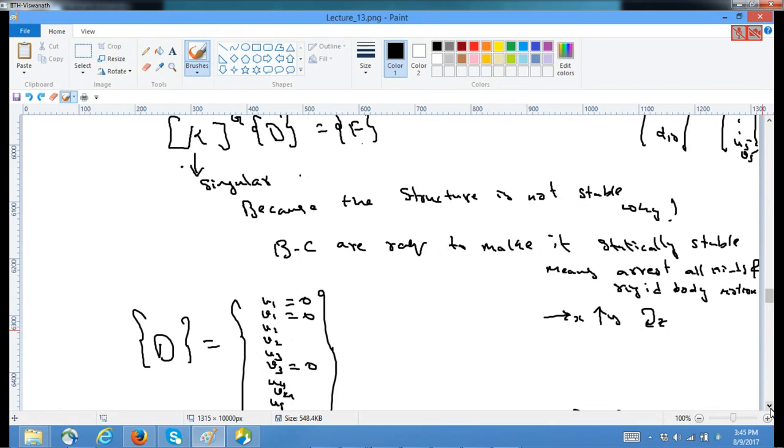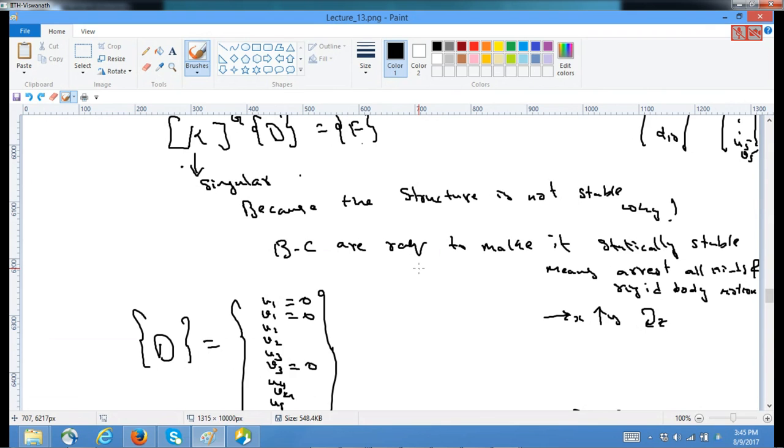So what are the 3 types of rigid body motions we see? That is translation in the x direction, translation in the y direction, and the rotation about any pin joint. To arrest that, our problem had a pin support at the left end and a roller support at the right end. The left end pin support makes u1 equal to 0 and v1 equal to 0, and the roller support at the right end makes v3 equal to 0.